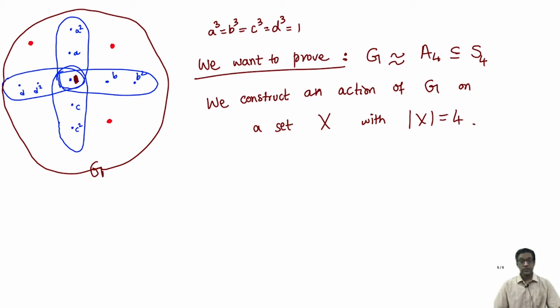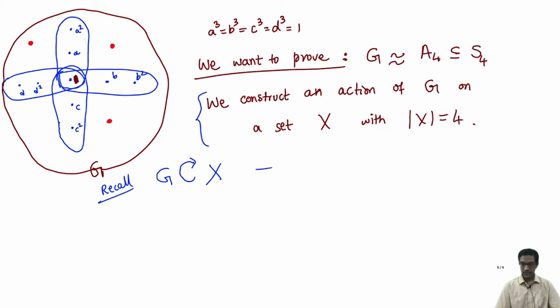Okay. Now, why does that help us? Why should we try and do it in this manner? Because recall from the earlier set of problems that we did, group actions can be thought of in an alternative way. If a group G acts on a set X, this means I obtain a group homomorphism from the group G to the group of all permutations of X, or all bijections from X to X. And if you recall, how was this map defined?